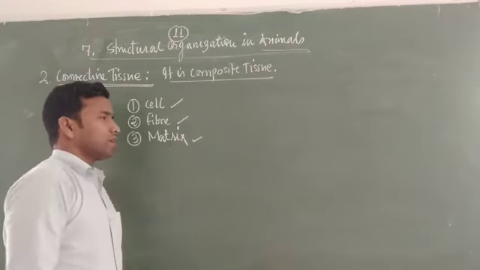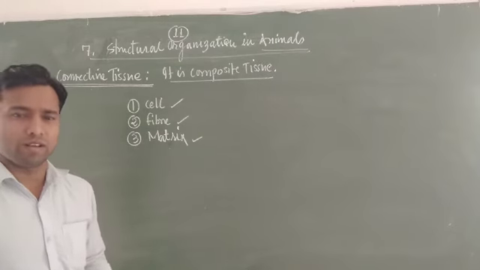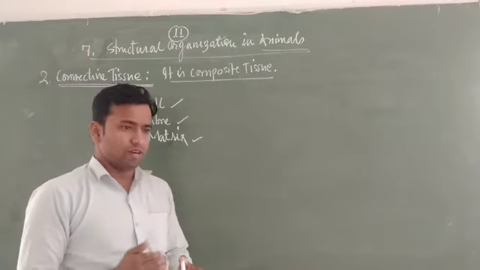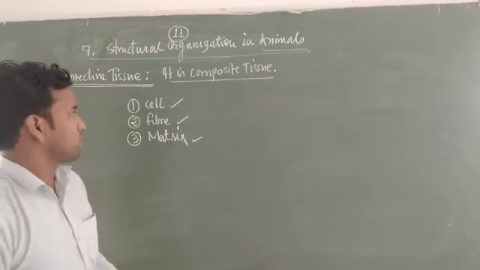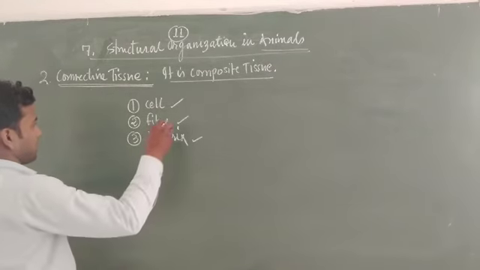Under the connective tissue some tissues come, like blood, bone, cartilage, and different types of areolar and adipose tissues are also present in this.